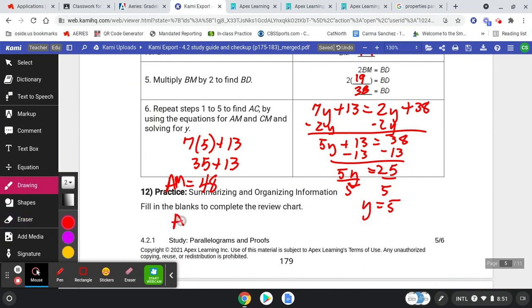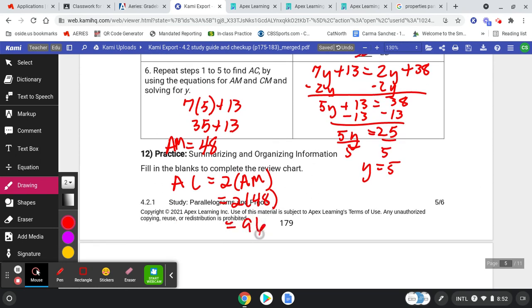And we know that AC is equal to 2 times both parts of that. So 2 times 48 is equal to 96. The whole length is 96.